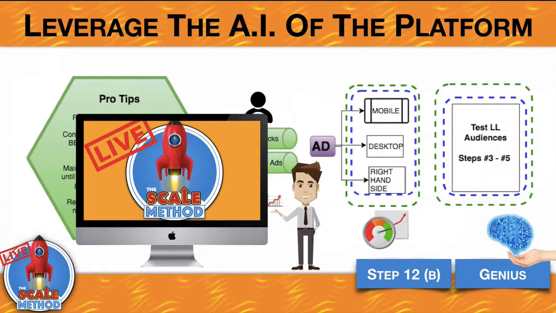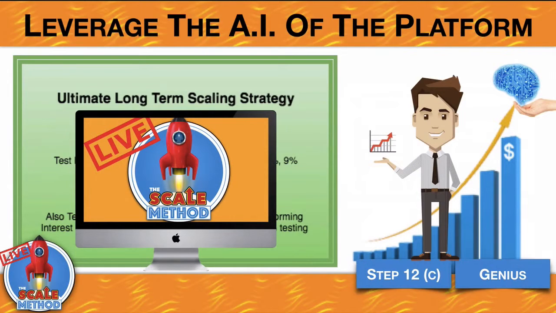So if you want to see the biggest pro tips, the biggest way to scale your market, mobile, desktop, right-hand side, the way we're going to be testing these lookalike audiences and repeat steps 3 through 5, this is where the genius gets to be so much fun in this training and especially in the application where you see your business really grow. Now I'm going to show you how to leverage the AI of the platform when you join our live presentation.